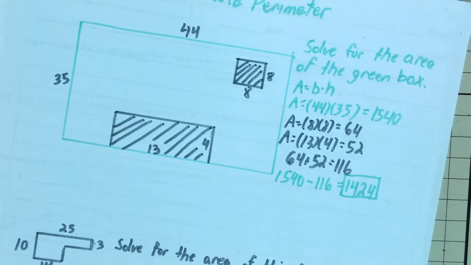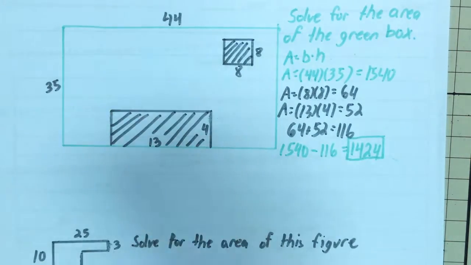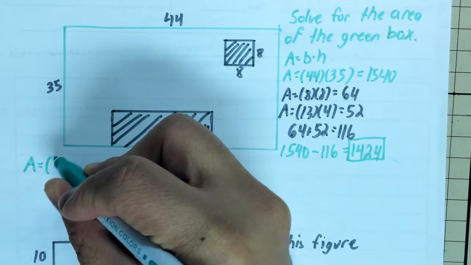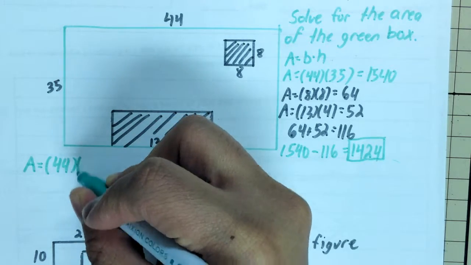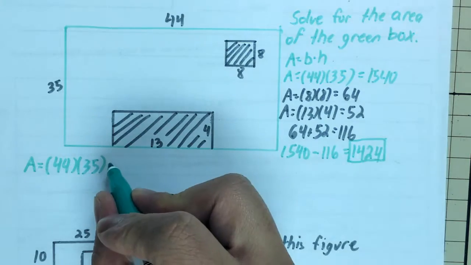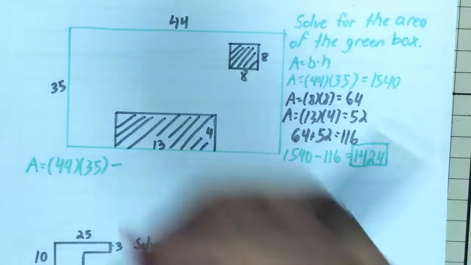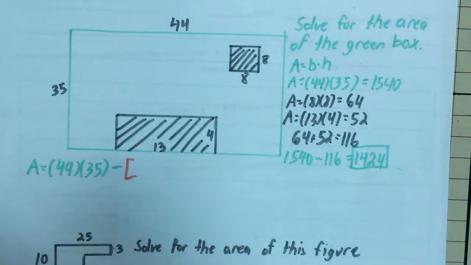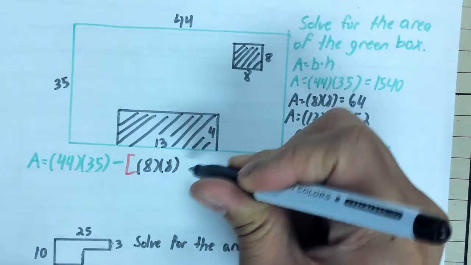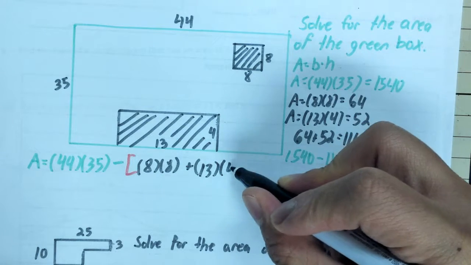Okay. Now we can also express this as an equation. As an equation, we have area equals 44 times 35 minus 8 times 8 plus 13 times 4.